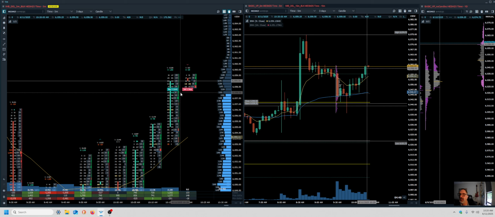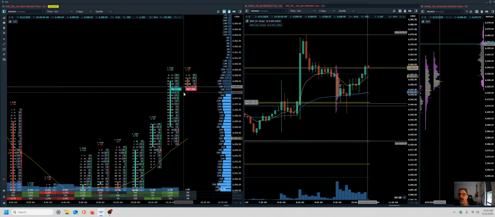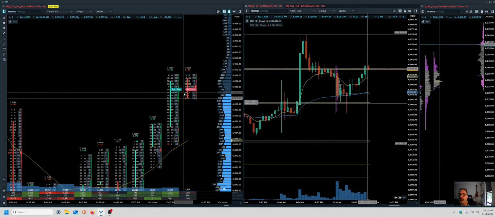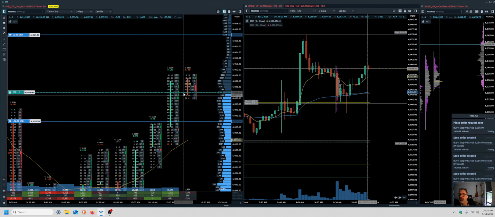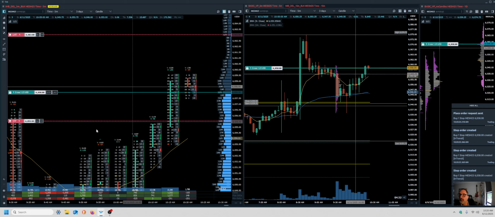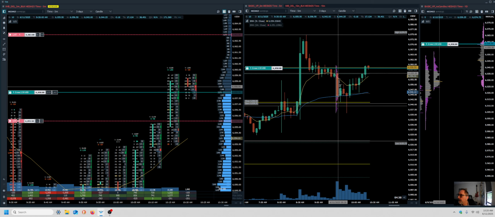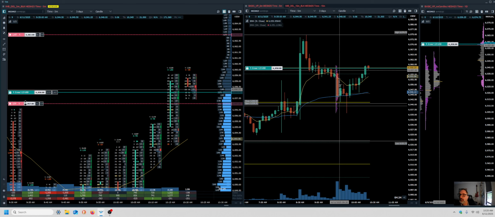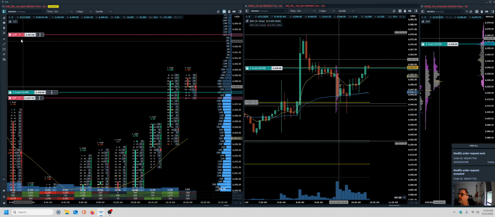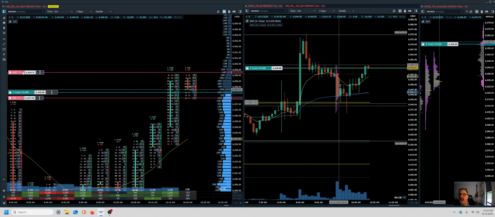Let's see if we get a little buy action here. Come back below it. Okay, so I'm going to go long right here. Just increase my stop up a little bit, and I'm going to see if we could get to about here. This would be a good deal.